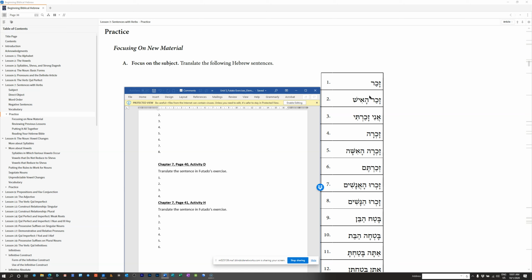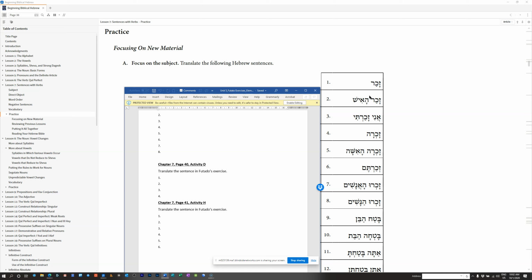That's not because the perfect conjugation is always past time. The perfect conjugation is actually less about time and more about what we call aspect. The perfect conjugation portrays an action as a completed whole rather than something that's unfolding or ongoing or in progress.